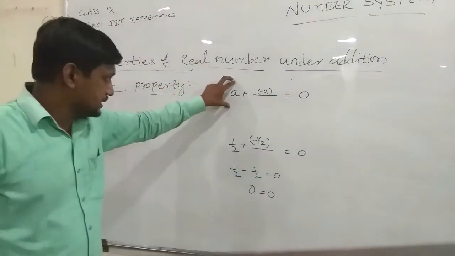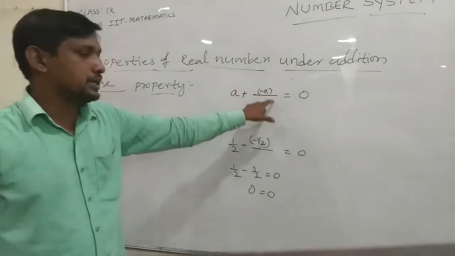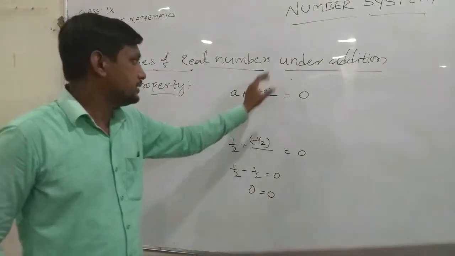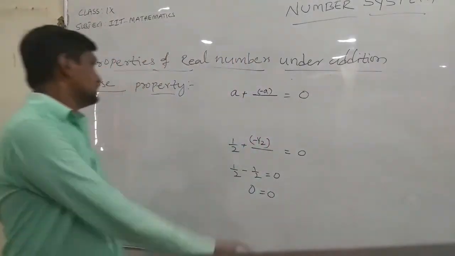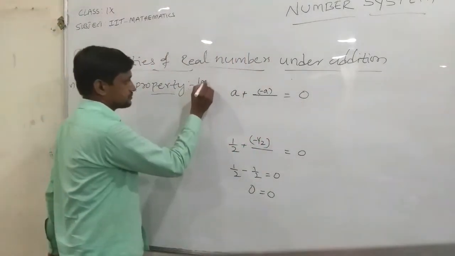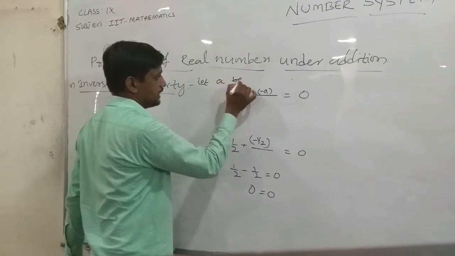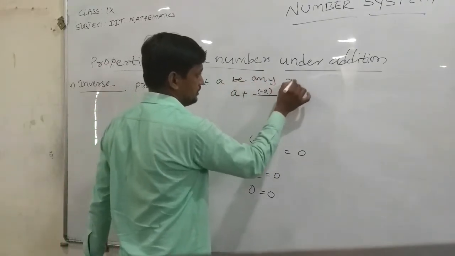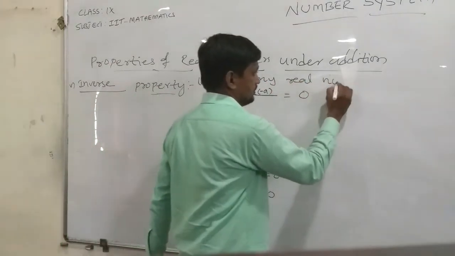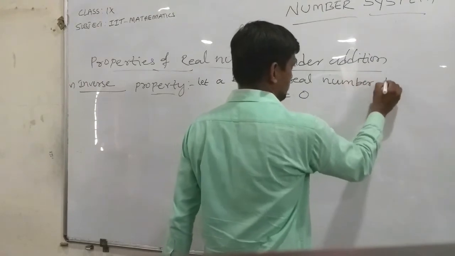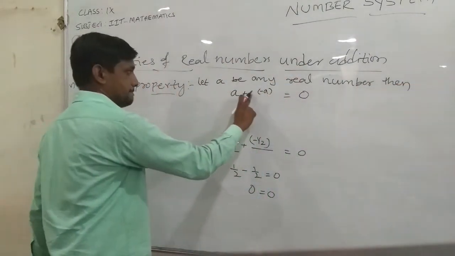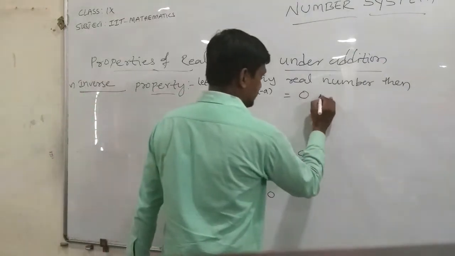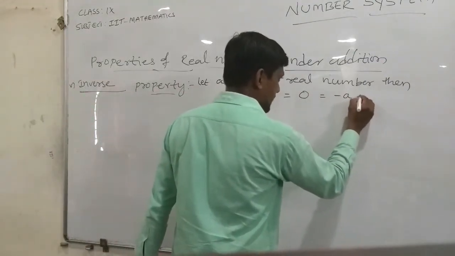When I am adding the two numbers, I need to get an identity element. So let A be any real number, then A plus minus A is equal to 0, which is equal to minus A plus A.